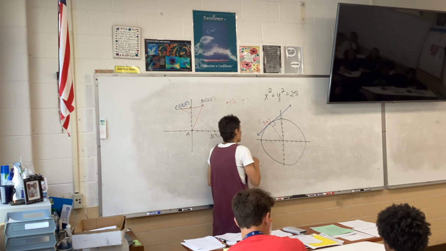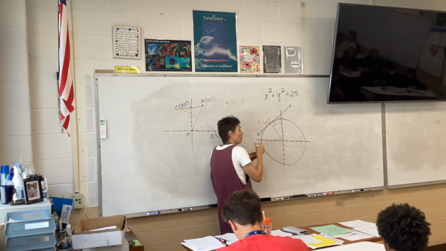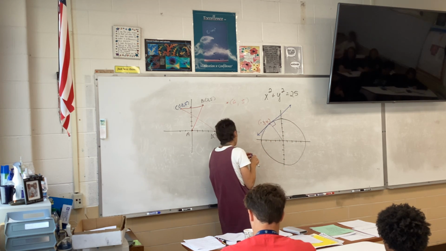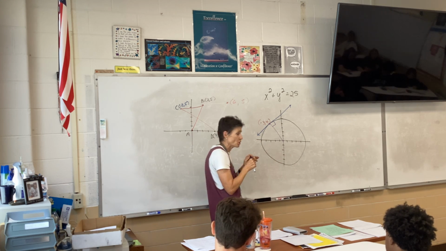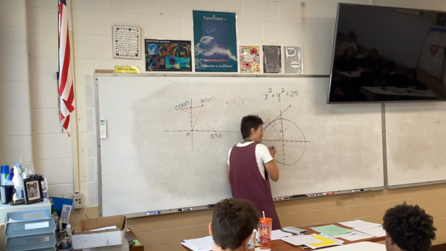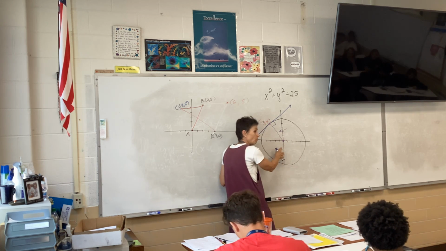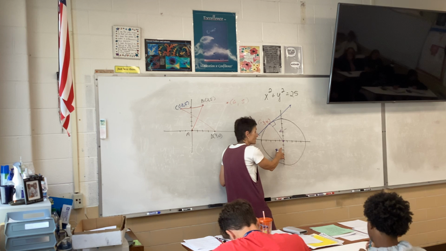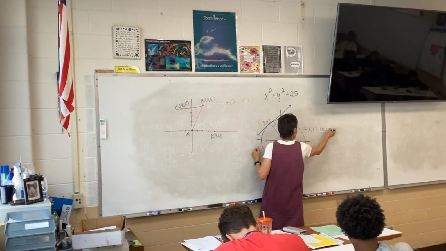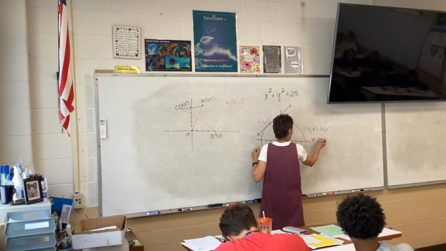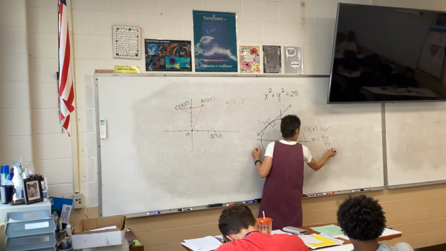Now, we're writing the equation of the line, so we need the blue slope. But we cannot find the blue slope because we do not have enough information. Can we find the purple slope? Yes, because we have 2 points: (-3, 4) and (0, 0). The purple slope will be -4/3.